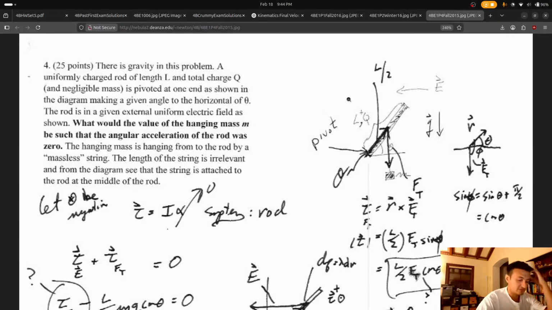If E is not uniform, use cosine or sine. Use trig. That's probably the best way to do it. Then find dq.